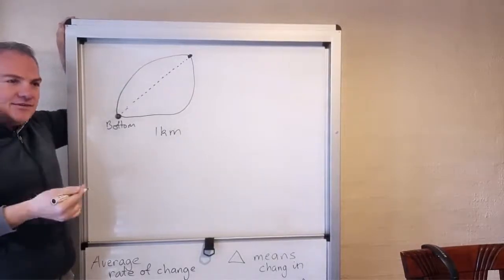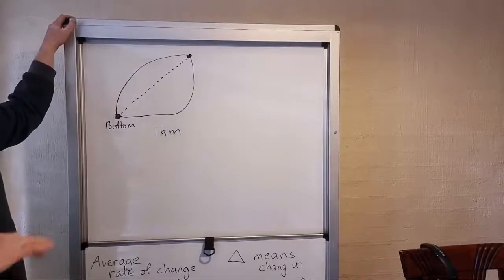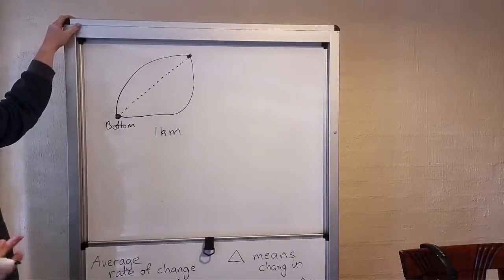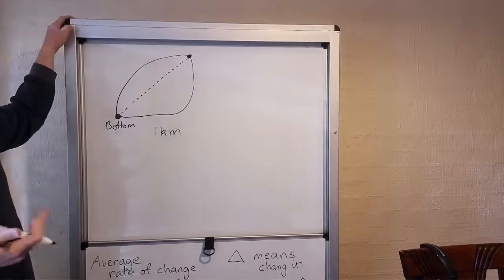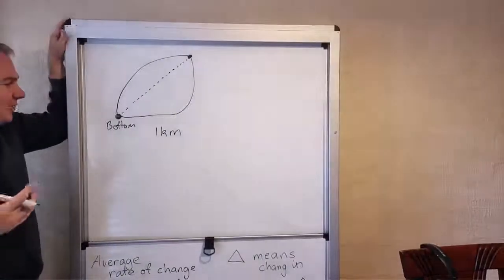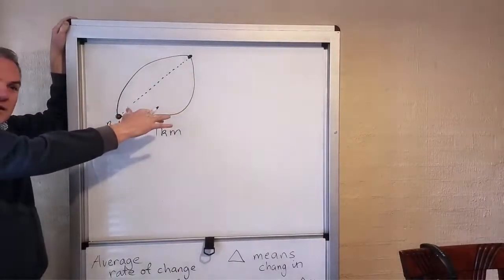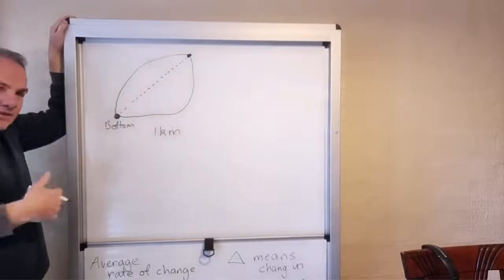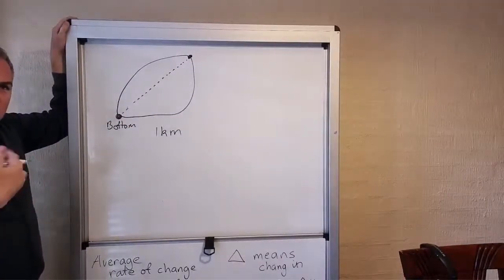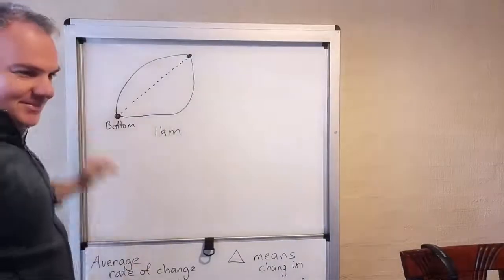And those average rate of change things are used by those speed cameras, and you can't really argue with them in terms of the maths. You can in terms of the speed camera didn't work, and it's a bit mean, but you can't really argue it in terms of the maths, because if your journey is faster than the set amount of time, at some point your speed needed to be above the average.